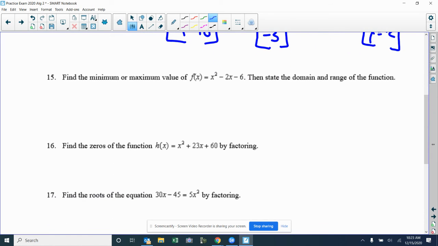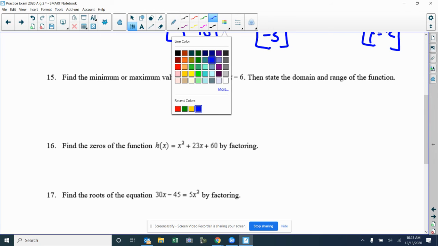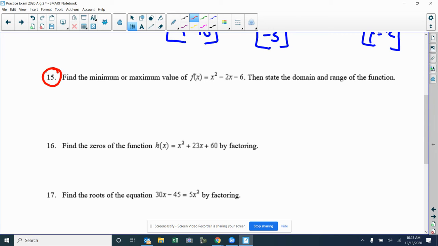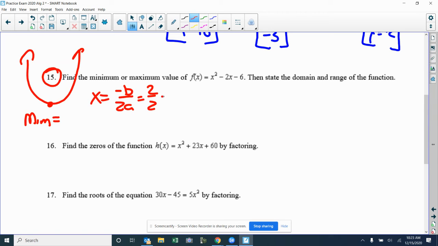Number 15. We're getting into max and minimum. This parabola opens up because your A is positive, so we're looking at a min. We need to find the y value of the vertex. So we're going to find the axis of symmetry first. We have -b, and it's a -2, so it's going to end up being +2/2, which is 1.